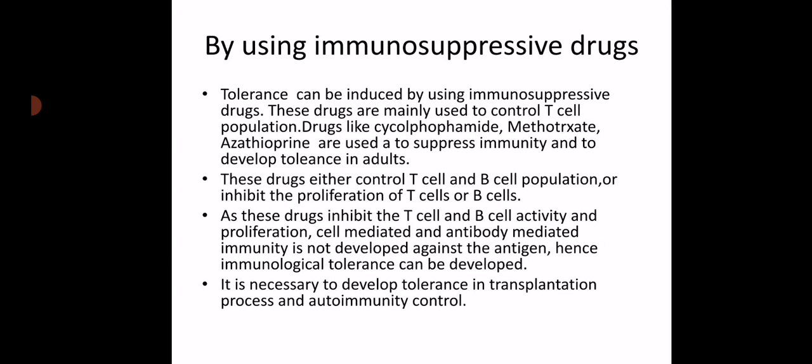Again, the same thing is here. Either we have to inhibit T cell activity or B cell activity, or B cell and T cell proliferation. So the drugs which are commonly used to develop tolerance and to suppress immunity are cyclophosphamide, methotrexate, azathioprine. These are drugs to suppress immunity and to develop tolerance in adults.